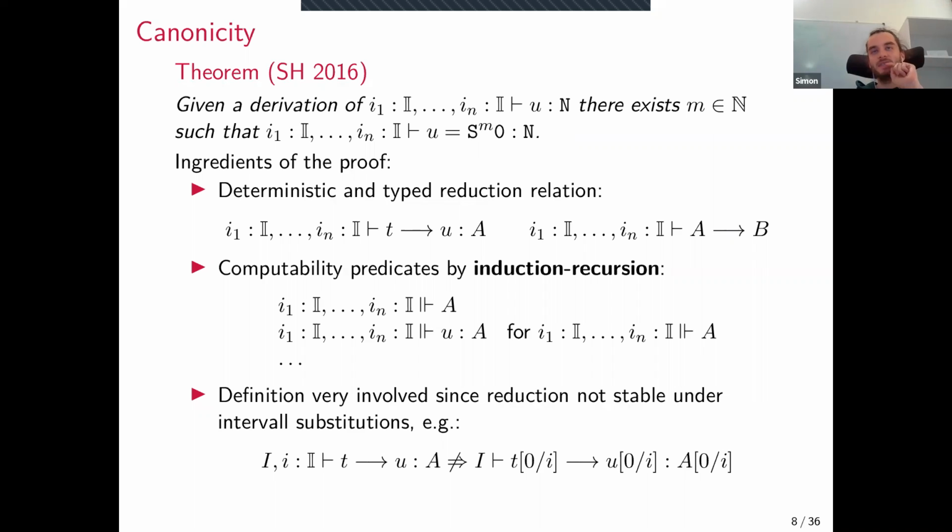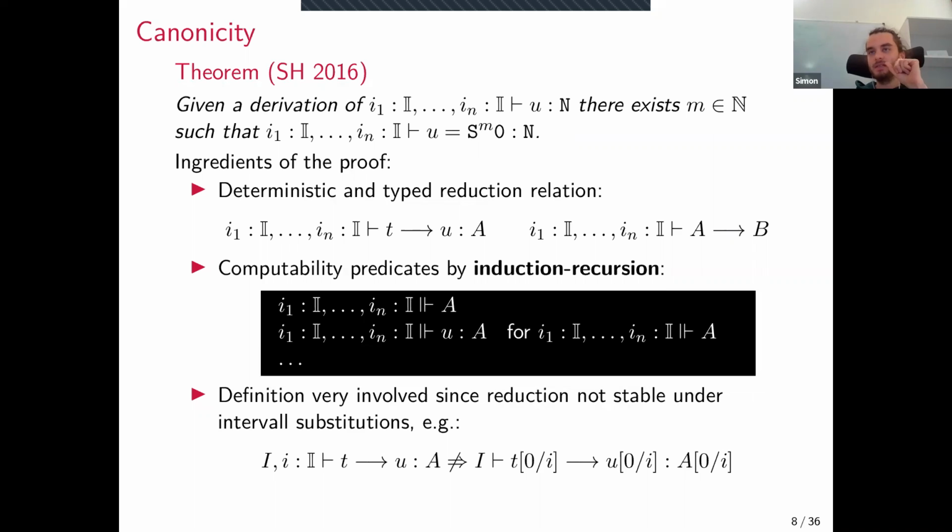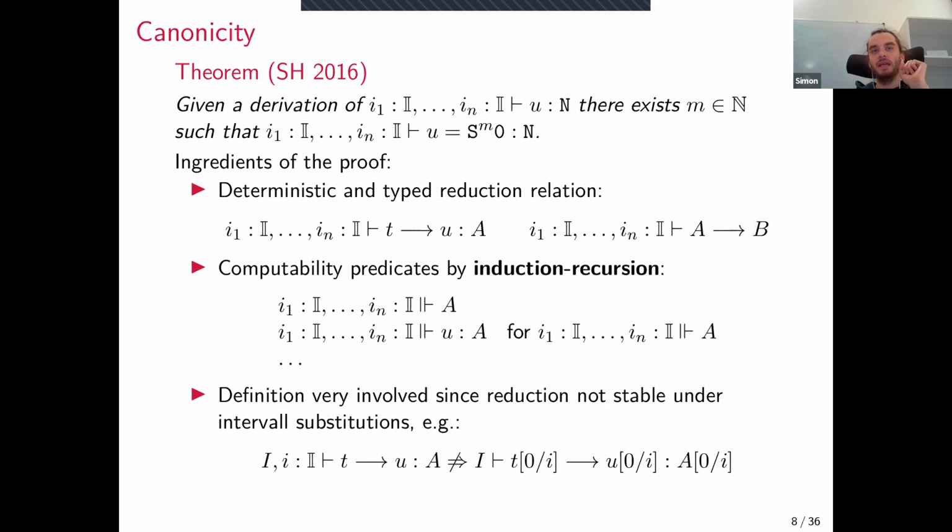But a problem with this proof is that it's quite involved. The definition of these computability predicates is quite long, and the problem really is that this reduction relation is not closed under substitution.